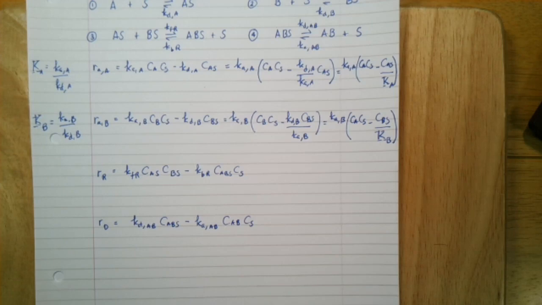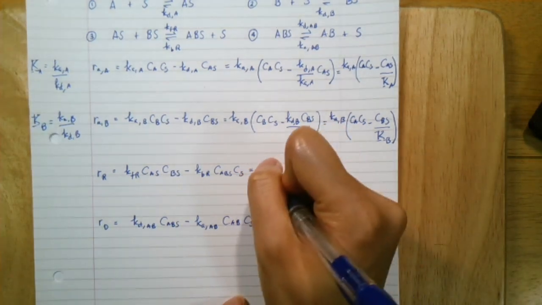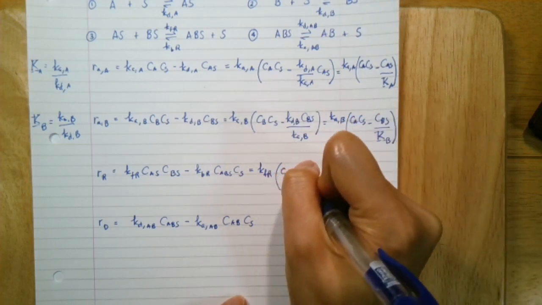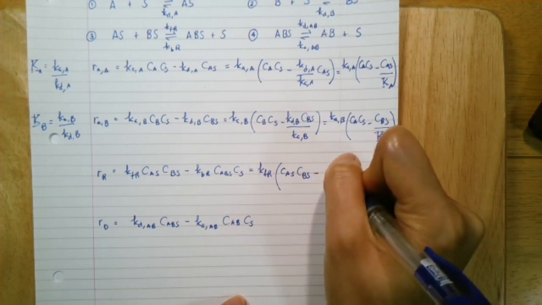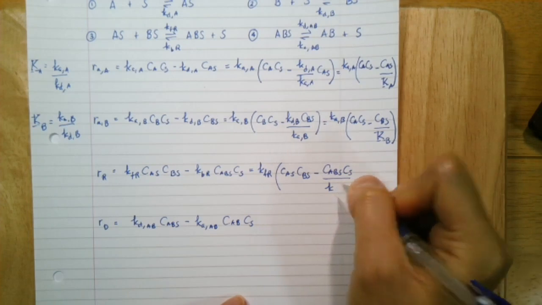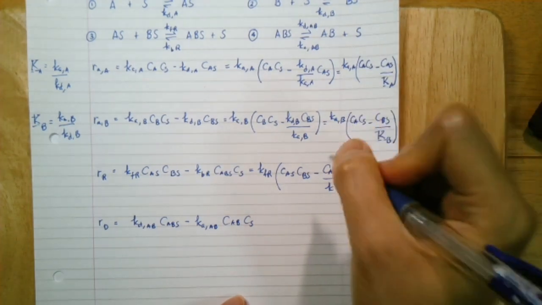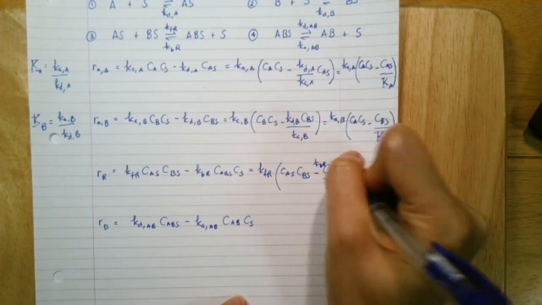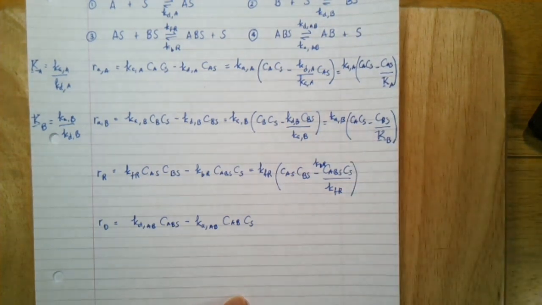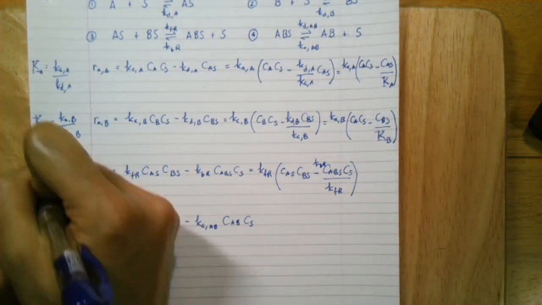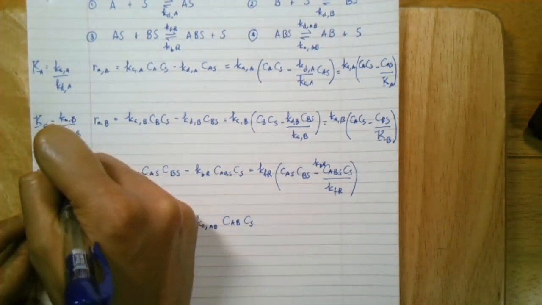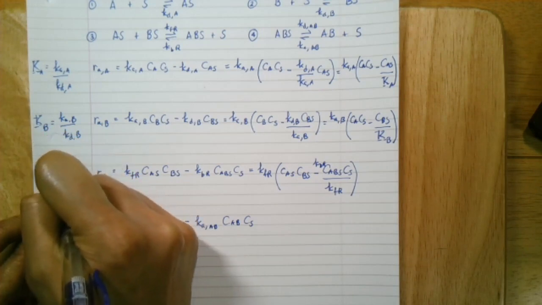Let's do it for the surface reaction. I can factor out KFR, and I will have CAS CBS minus KBR over KFR times CABS CS. But I know that the equilibrium constant for the surface reaction, KR, is equal to KFR over KBR.